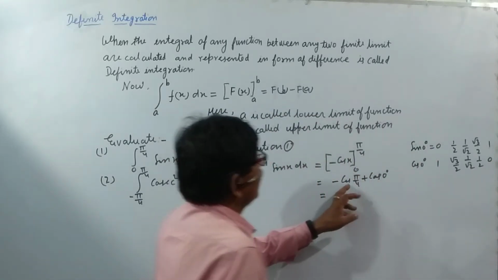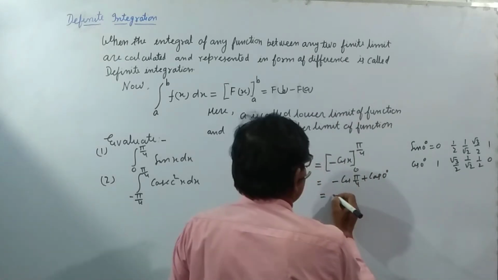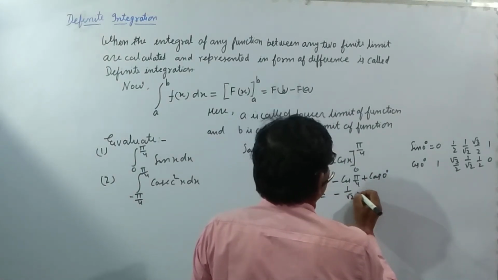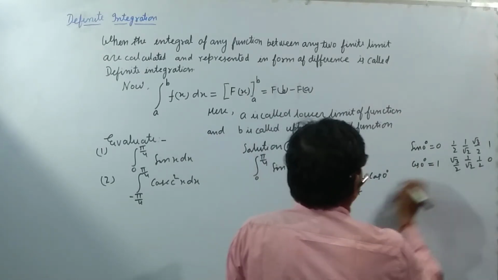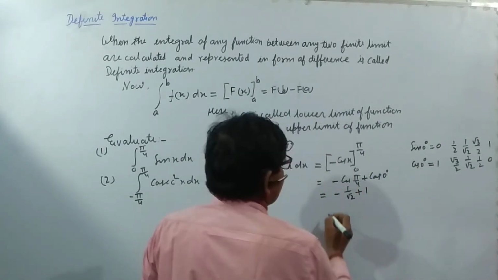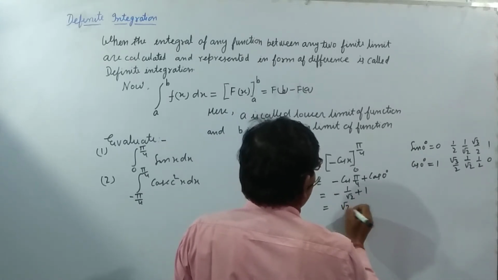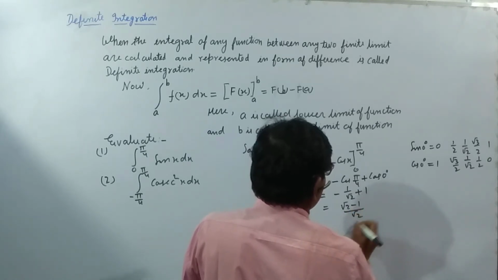So here cos 45 degree is 1 by root 2, so minus 1 by root 2 plus cos 0 degree, which equals 1. Now this is (root 2 minus 1) divided by root 2.